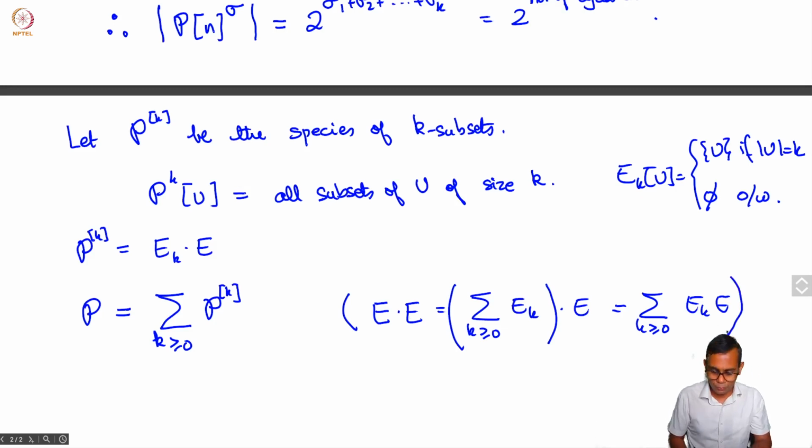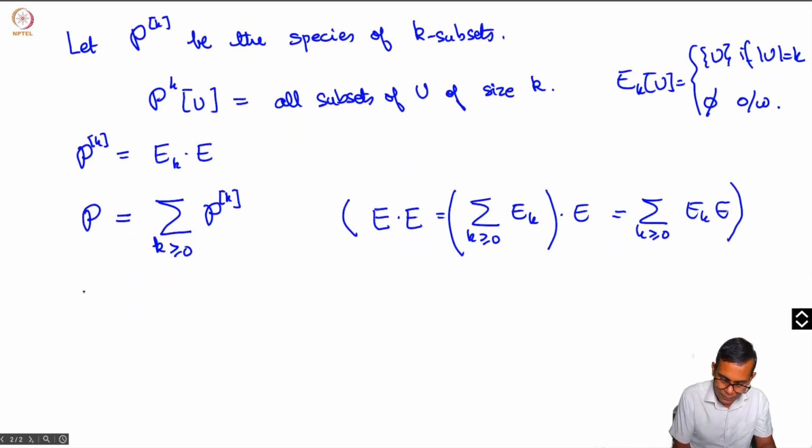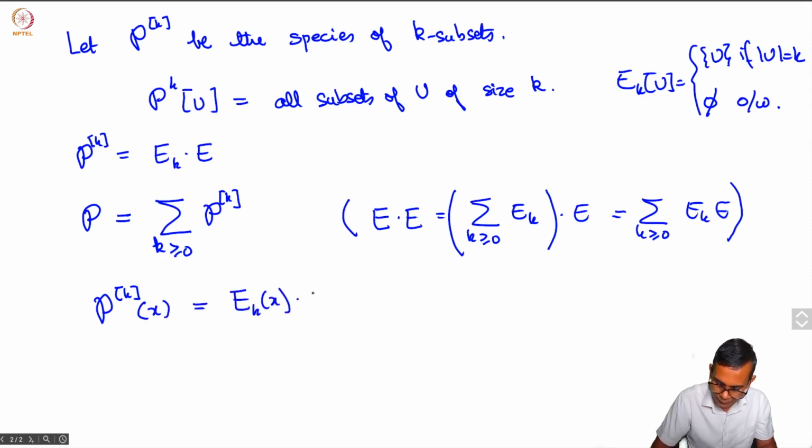But of course you can also prove this quite directly. So what's the generating series for pk? It's the generating series of ek multiplied by the generating series of e.